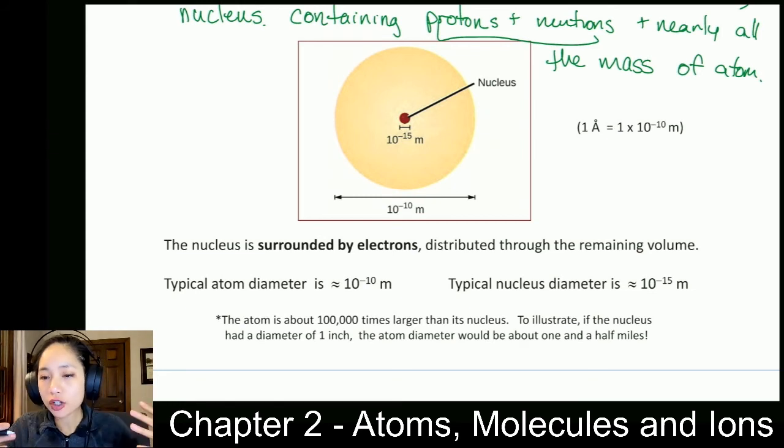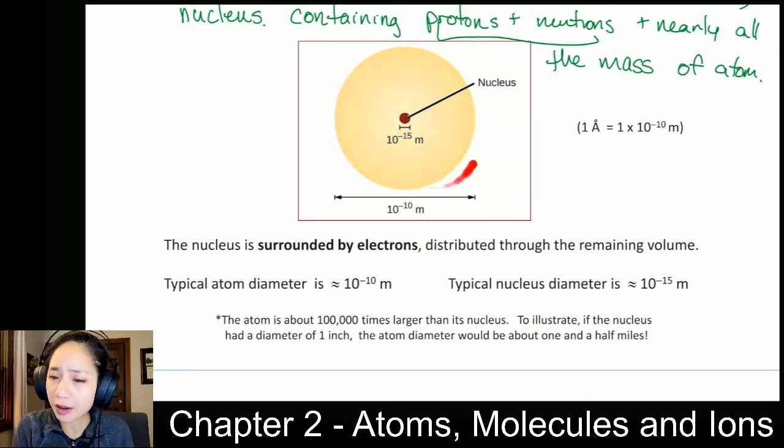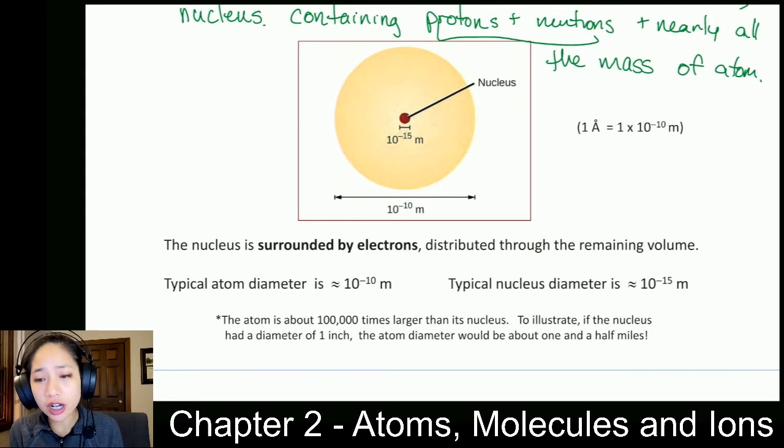Okay, so we've talked about the atomic structure and where the electrons, protons, and neutrons reside in a pictorial, microscopic view of the atom, because although we can't see this with our eyes, I have to represent them in some way of how those different subatomic particles are arranged. So now let's talk about how we can represent the electrons, neutrons, and protons of an atom in a symbolic way.